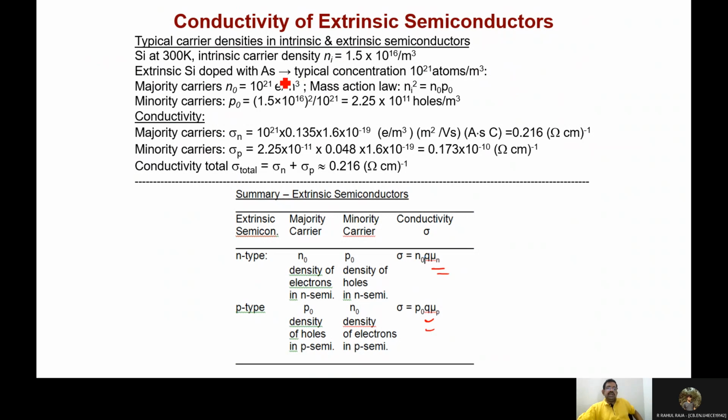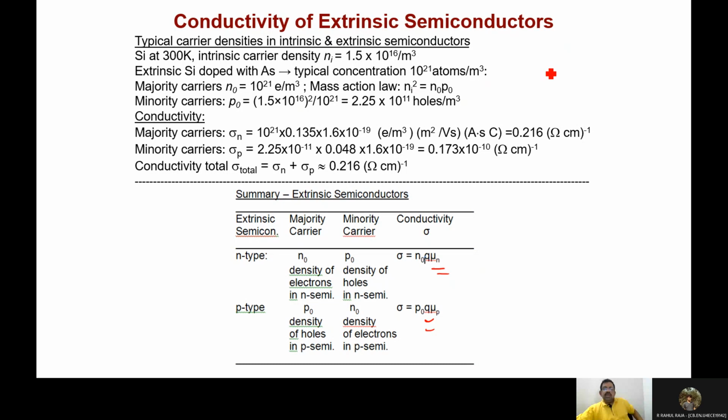So, an extrinsic semiconductor with arsenic, I am doping with 10 power 21 atoms, which means it is really heavily doped, and each atom contributes one electron. So the total charge carriers are going to be electrons, which is 10 power 21 electrons per meter cube. Here I am talking about meter cube.